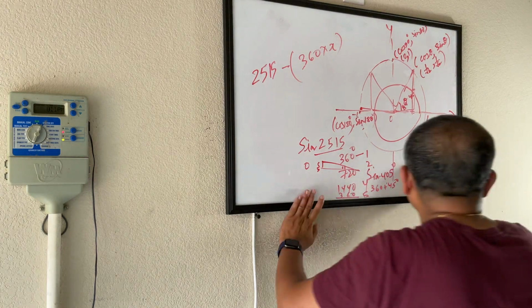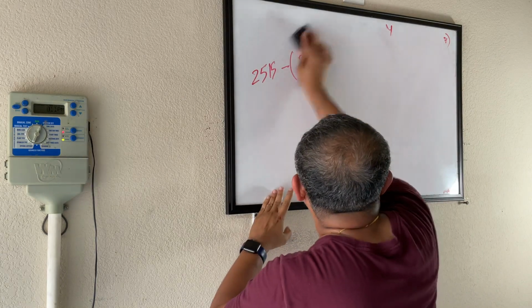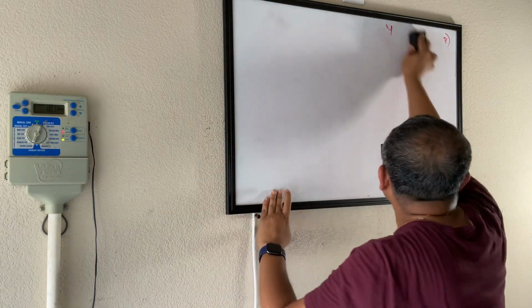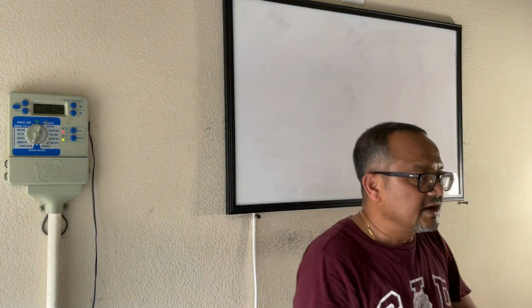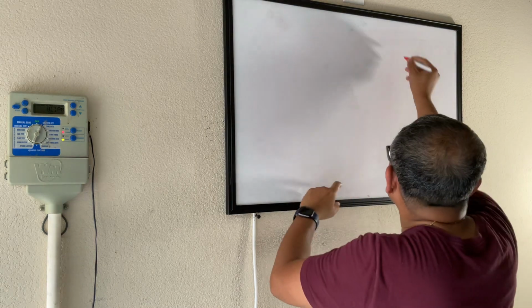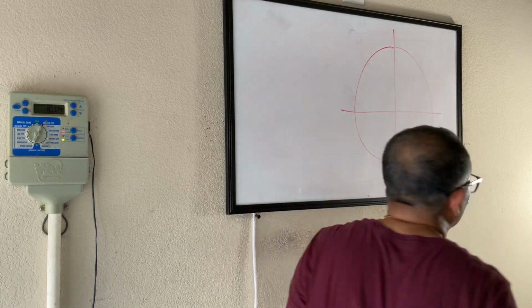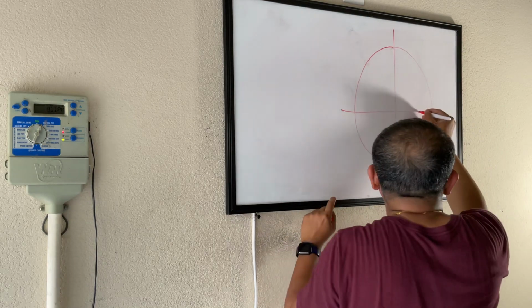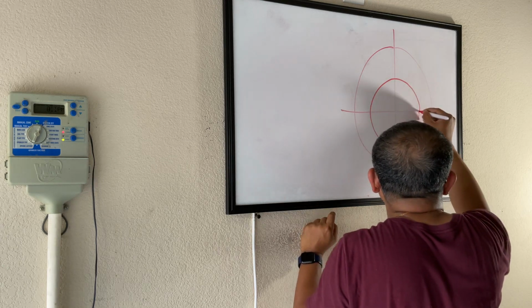So let me simplify this. When you are looking at unit circle trigonometry, it says one simple thing: your circle gets reset after every 360 degrees. And that is correct, right? If you have to find out any angle, it starts from here, 90 degree, 180 degree, 270 degree, 360 degree, done.